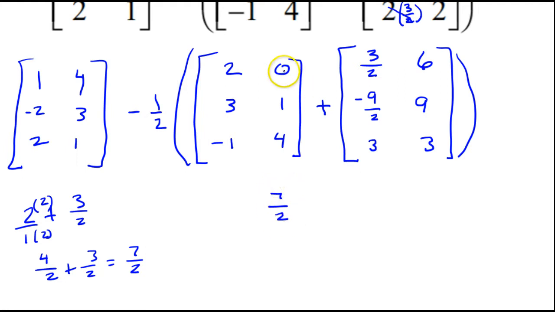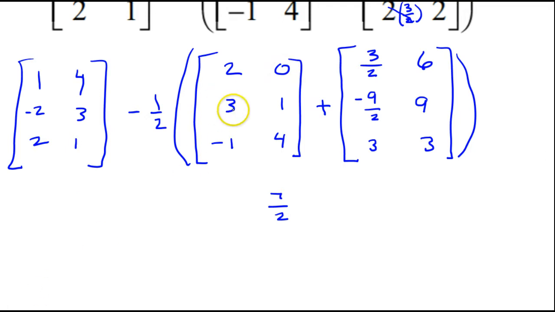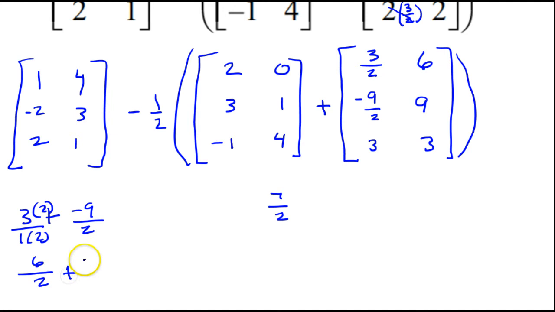Now I've got 3 plus negative 9/2. So if I do 3 plus negative 9 over 2, I need a denominator of 2, so I'm going to do like this. That will give me 6 over 2 plus negative 9 over 2. That is negative 3 over 2.